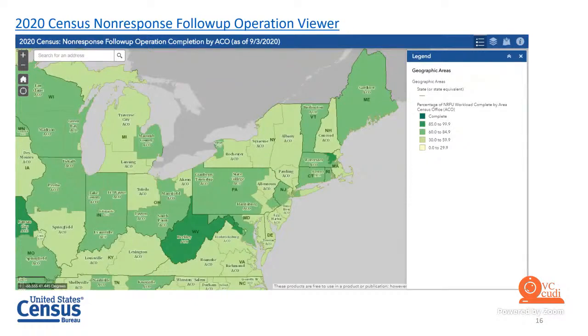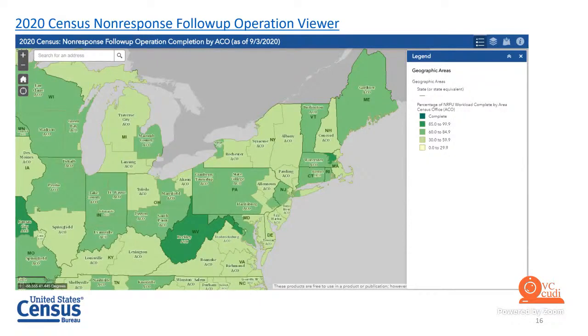This slide shows a screenshot of our 2020 census non-response follow-up, or NRFU, operation viewer. NRFU is a 2020 census operation where field staff visit households of those who have not yet responded to the census. And this interactive map was updated daily during the NRFU operation.